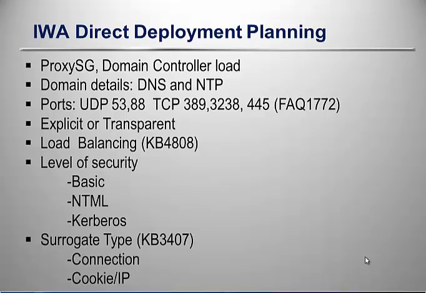So it's very important that we double check the NTP and DNS settings on the proxy. There are some ports that we need to communicate, and you can see those on the screen here. These ports are to communicate with the domain: DNS, Kerberos, LDAP, and port 445 SMB calls for Windows. As you can see, there's an FAQ that repeats the information there.